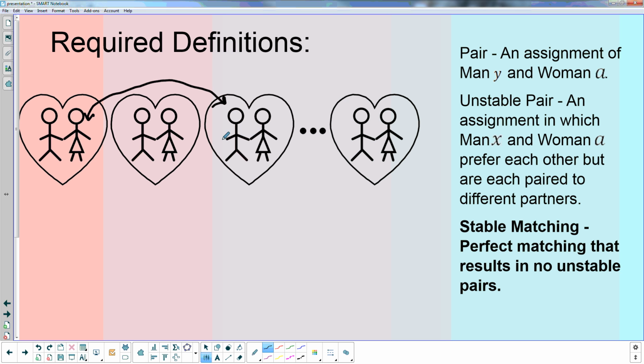It's not just that it's going to give everybody their top name on their list. It's more that we don't have the simultaneous situation where these two prefer each other over each of their paired mates.